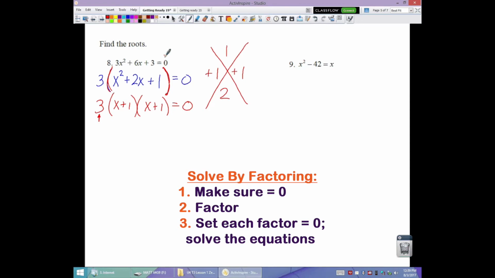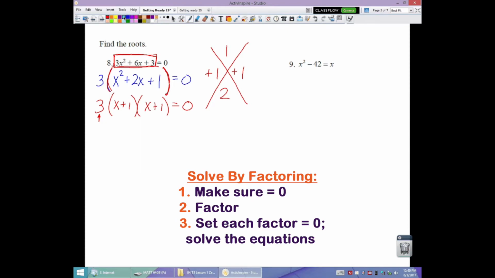But don't get in the habit of losing it or throwing it away, because if we are talking about, hey, please give me a factored form of this left-hand side, this expression, the 3 is essential. You will never multiply this back together and have what you started with if you lose the 3.